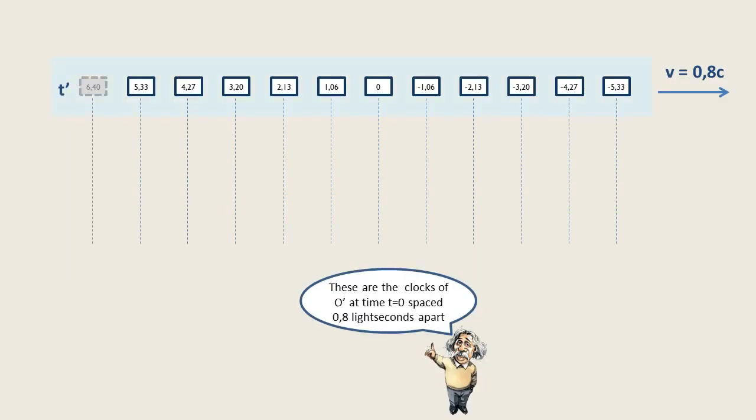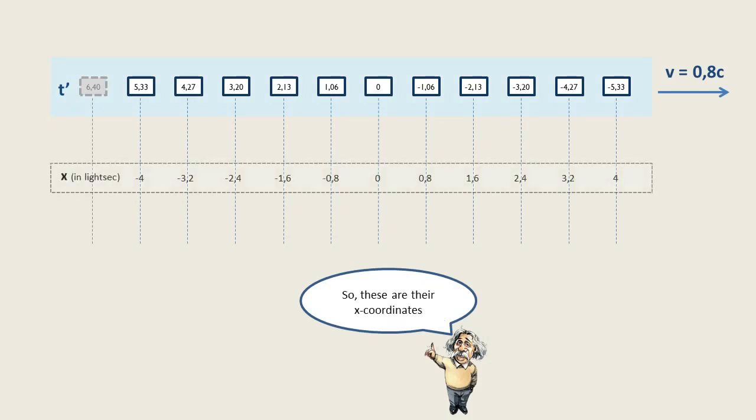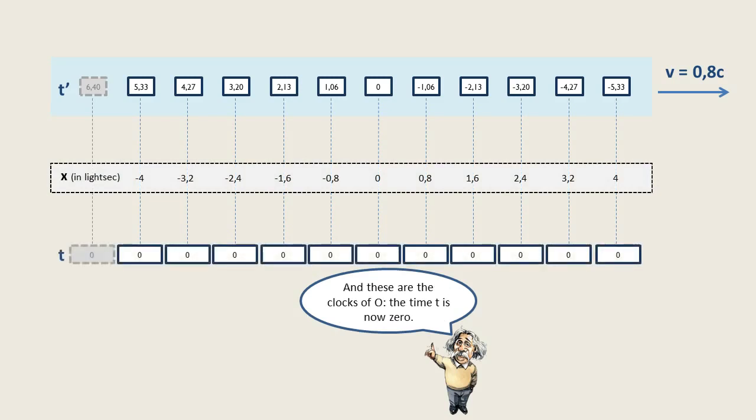These are the clocks of observer O' at time t equals 0 and spaced 0.8 light seconds apart. So these are their x coordinates. And these are the clocks of O. The time t is now 0.